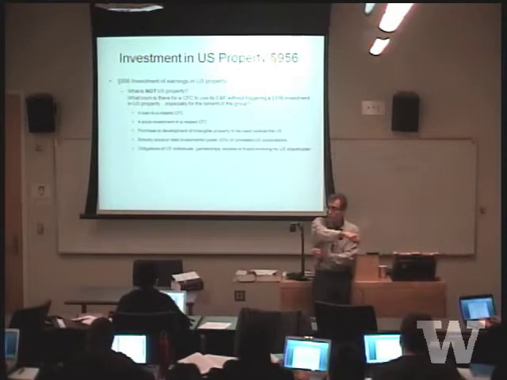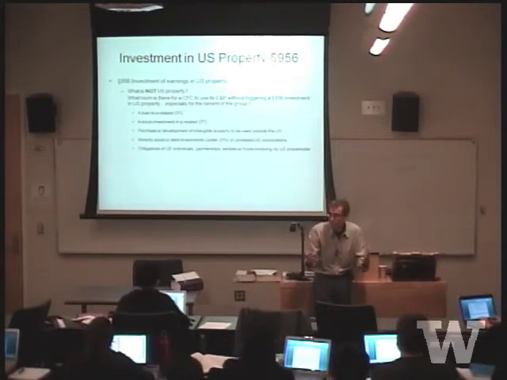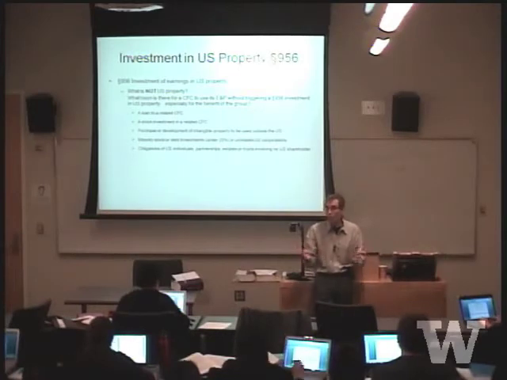But the rules don't require that. So it's very easy to use the accumulated earnings, that have the benefit of deferral, to use these earnings in other group members that are outside the United States.